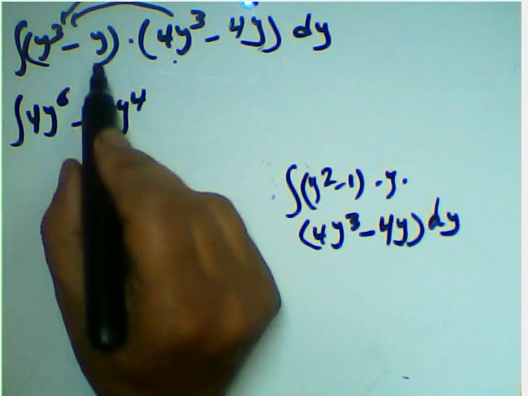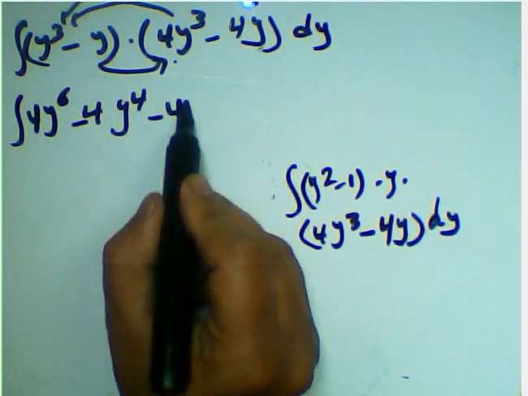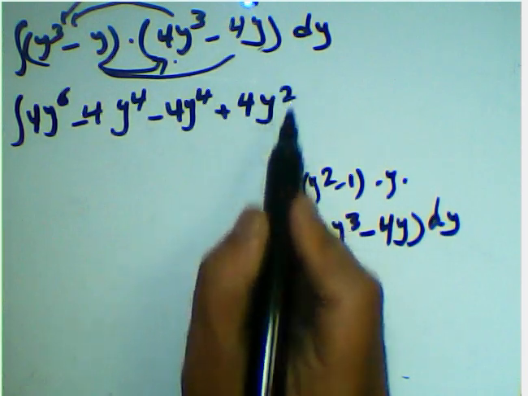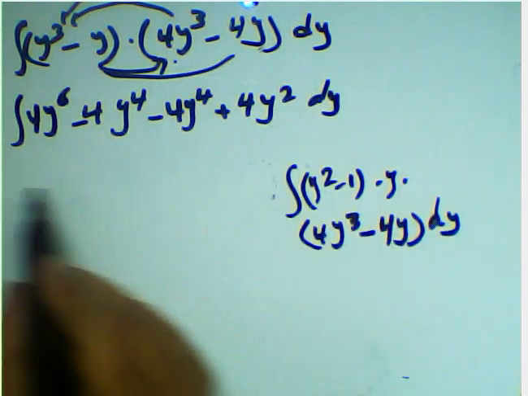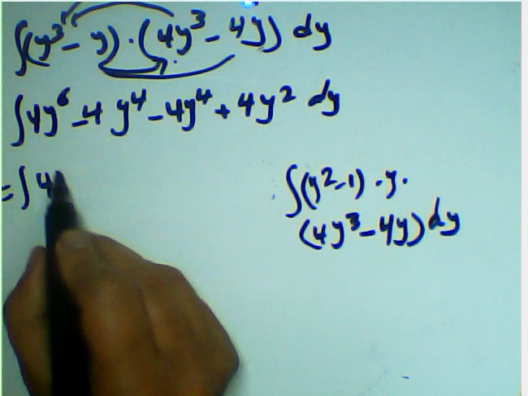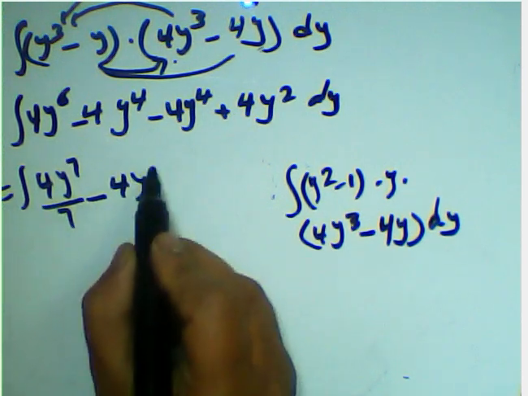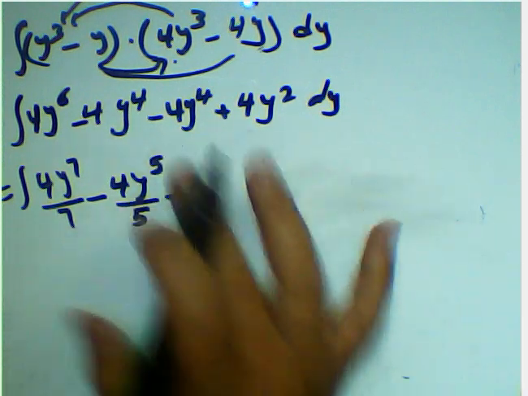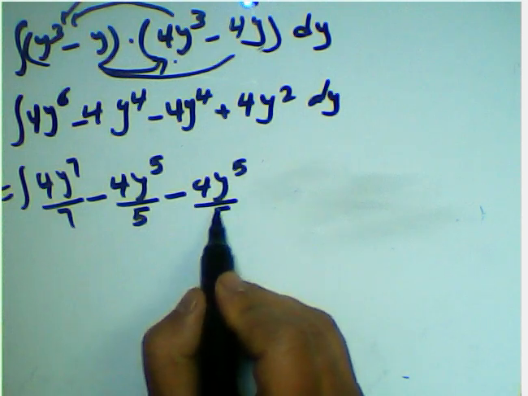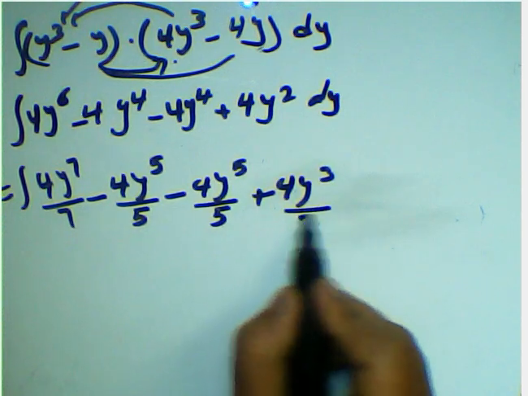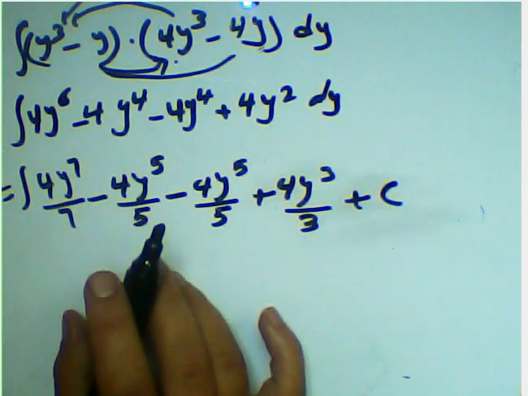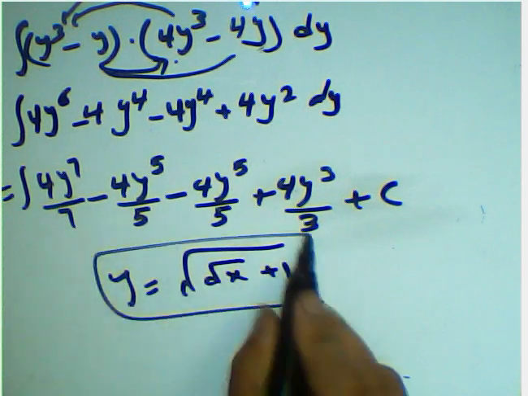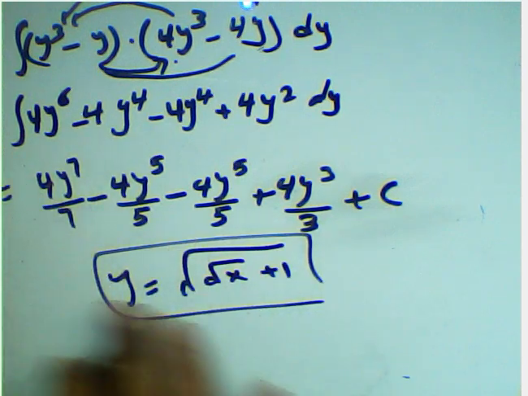Using the distributive property here, and negative y times this, it will be negative 4y power 4, negative and negative positive 4y power 2 dy, and then you can add 1 to the power and divide by the new power, and so on, plus a constant, and then you can cancel y and write the value of y equal to the square root of x plus 1, change y here and write the value, okay.